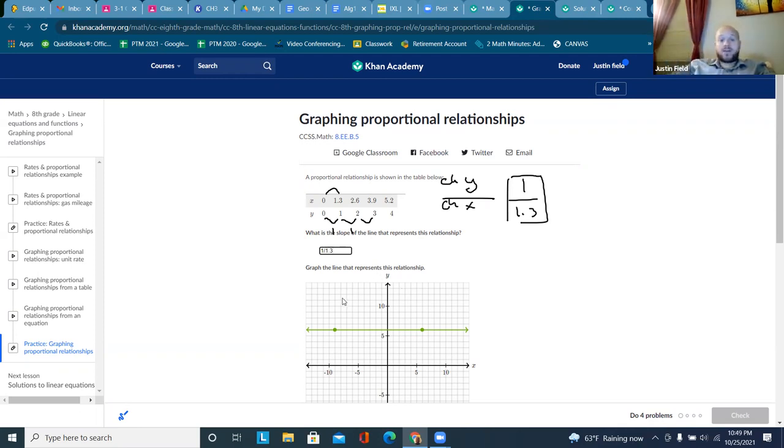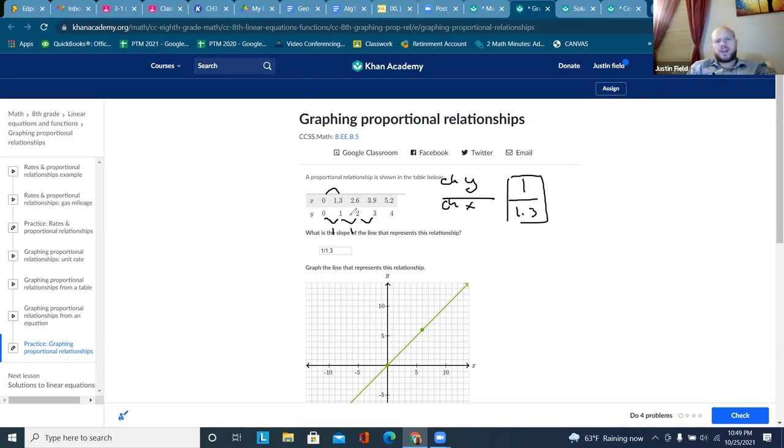So now to graph a line, all you got to do is graph at least 2 points on that line, and then you will have the graph of that line. Now here's the only problem. All these are decimals. So what are we gonna do? Well, we can multiply any of them by any number, as long as we multiply them both by the same number.